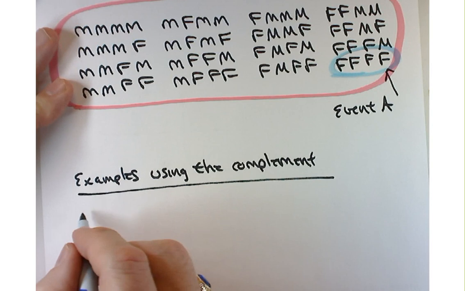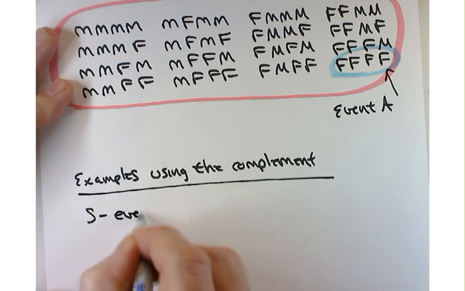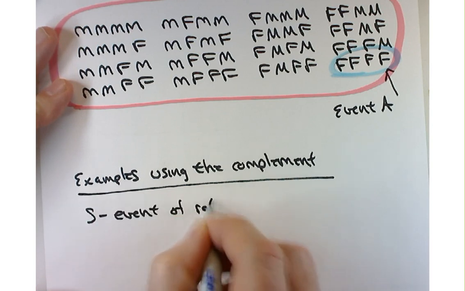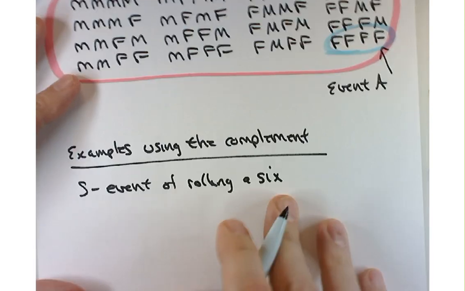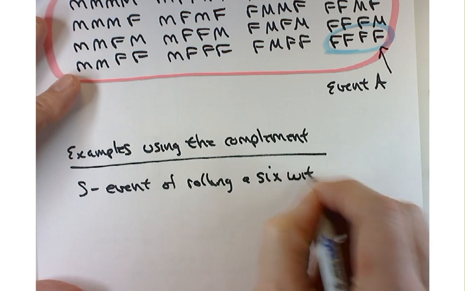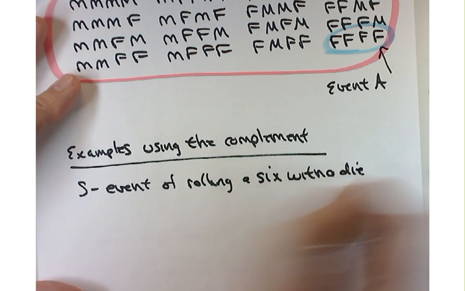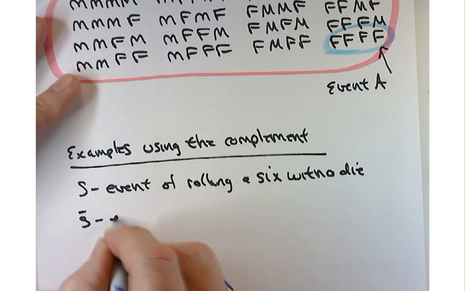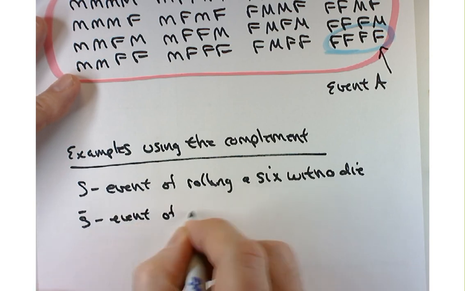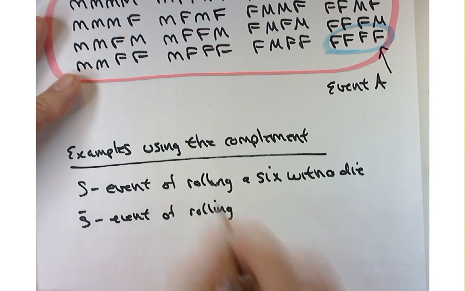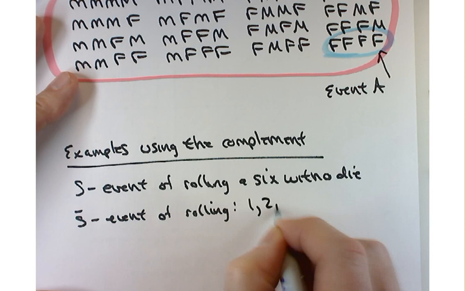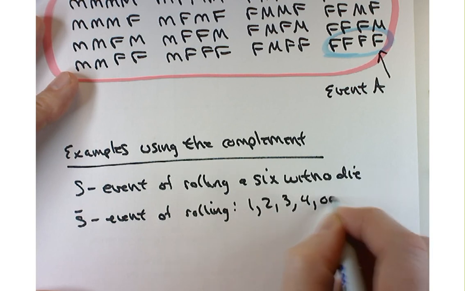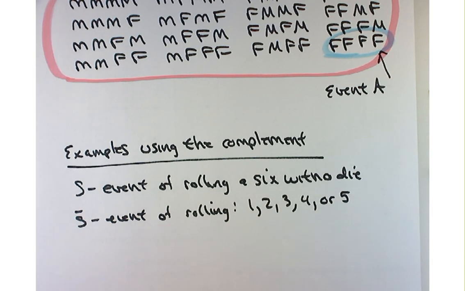So event S is the event of rolling 6 with a die. S bar is the event of rolling anything but a 6. So rolling 1, 2, 3, 4, or 5. So there's the event or not the event.